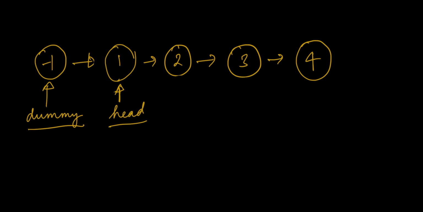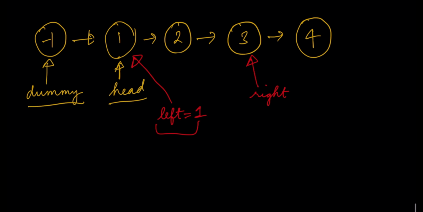And let's say our right pointer is at 3, and the case where the left pointer is at head, where left is equal to 1. So in that case, the head of the output linked list is always going to change, and this is for the case when left is less than right. For all of these cases, the head of the output linked list is going to change.